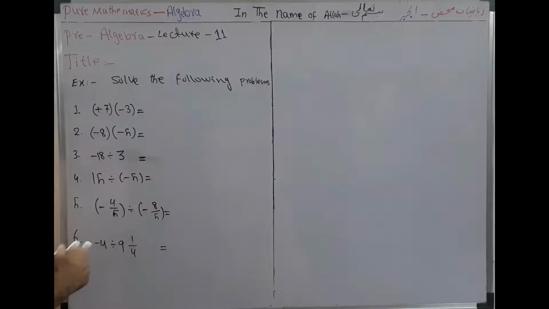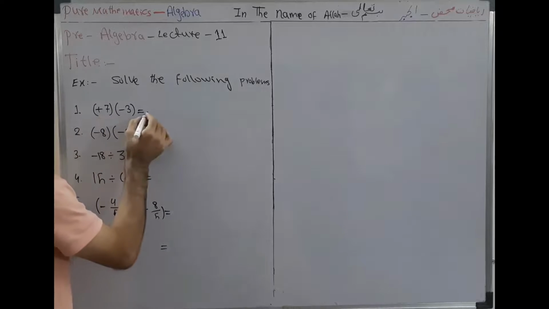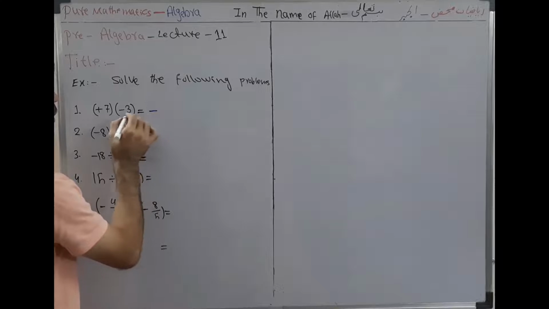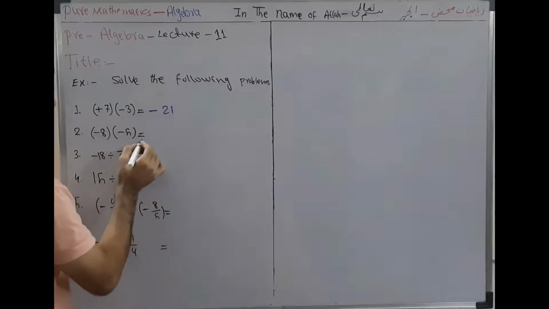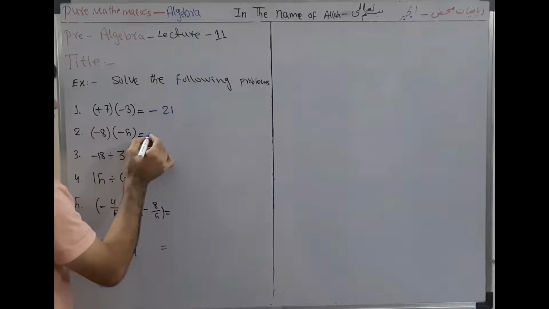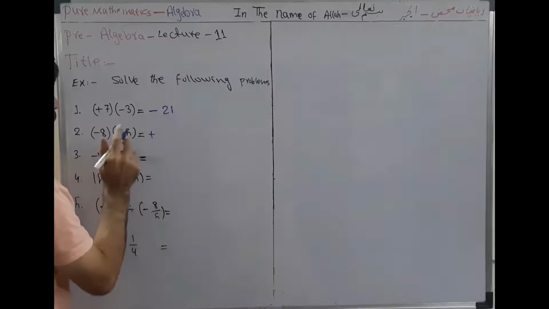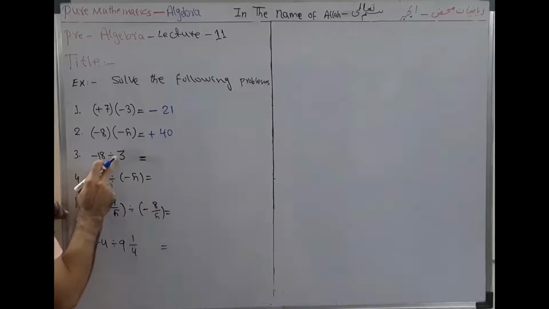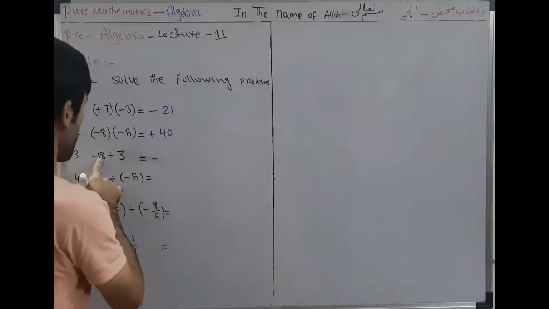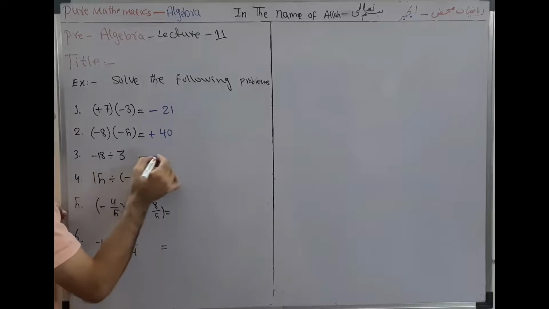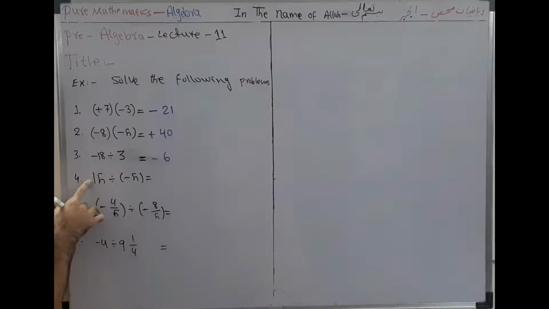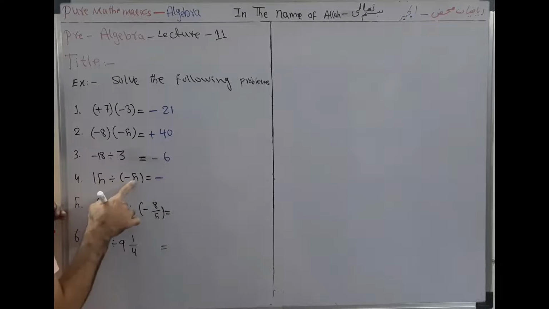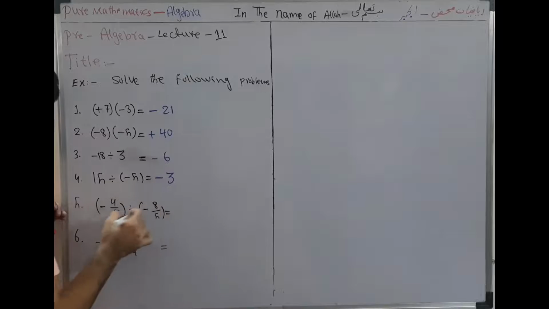Plus multiplied by minus is minus, 7 multiplied by 3 is 21. Number 2: minus multiplied by minus is plus, 8 multiplied by 5 is 40. Number 3: minus divided by plus is minus, 18 divided by 3 is 6. Number 4: plus divided by minus is minus, 15 divided by 5 is 3.